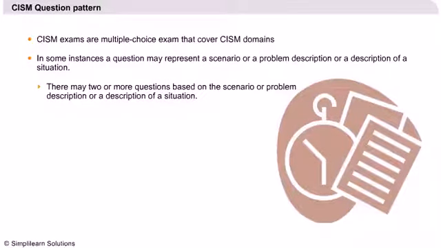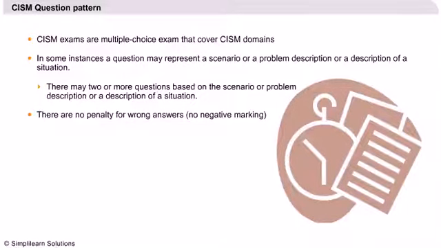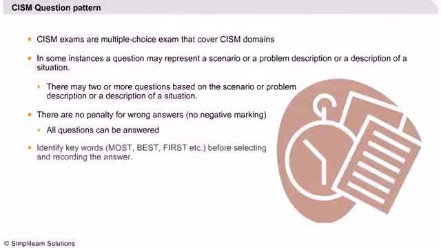Based on this, there may be 2 or more questions. There is no penalty for wrong answers, no negative marking, and all questions can be answered. It is important to identify key words, most, best, first, etc., before selecting and recording the answer.